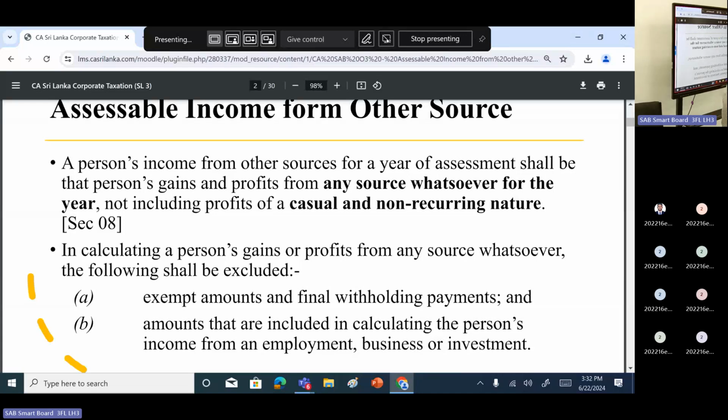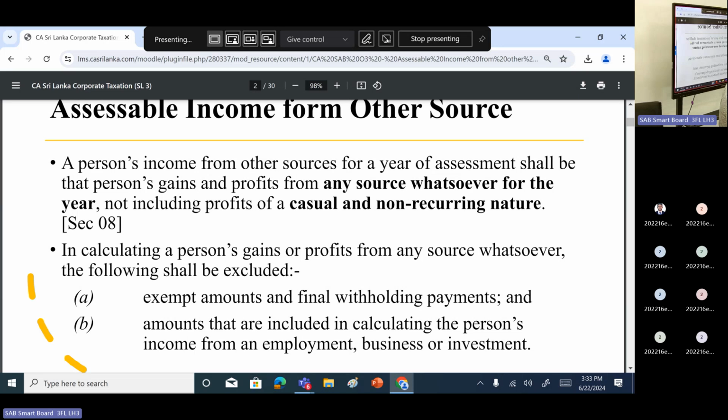So you know that for any income we are considering, first we have to check whether it comes under employment income. If those features are there, then we have to work out that income under the provisions related to employment income. If not, then we have to check whether it has some attribute of business income.